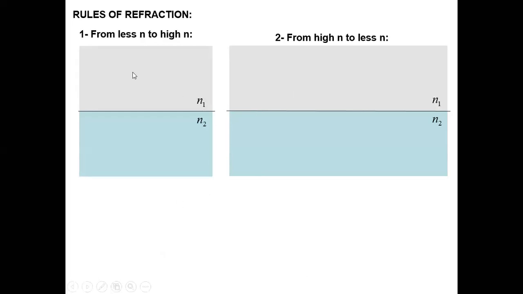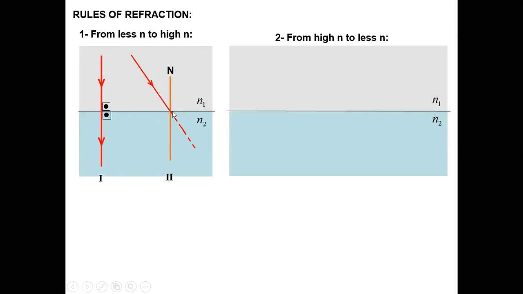So rules of refraction: from less refractive or less dense to high dense. What's going to happen now? As I told you, when you send the light ray at 90 degrees, it's going to go straight. The second level, when you send it with an angle, you have to put a normal over here. Since the N2 is greater than N1, normally, if these two mediums were the same, what would happen?